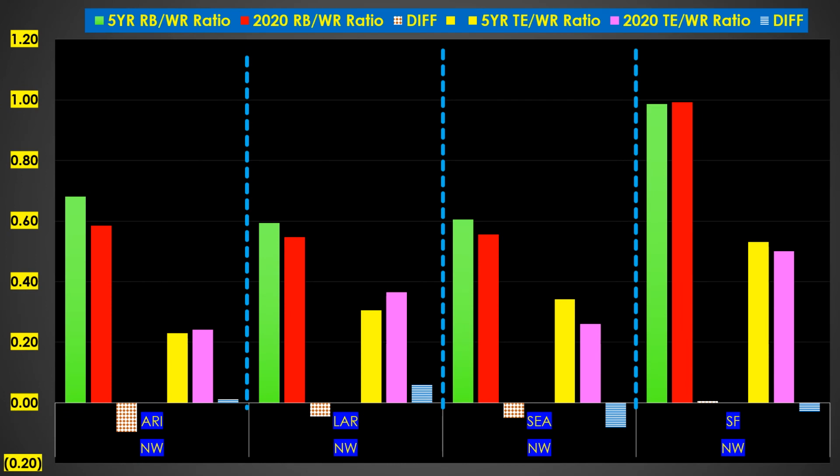Last is NFC West here: Arizona, the Rams, Seattle, and San Francisco. Arizona declined in rushing because they were passing with Kyler Murray and didn't really do a lot with the tight end, kind of low-level tight end, and nothing really jumped up there.